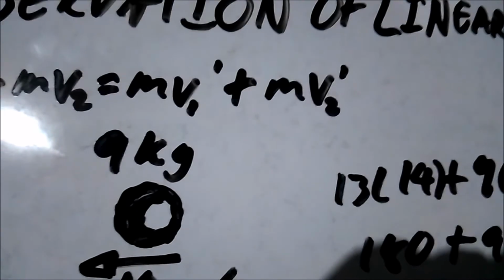Now that I have written it, I'm going to show you how conservation of linear momentum works. Conservation of linear momentum happens during a collision. So this product is 182, plus 90.